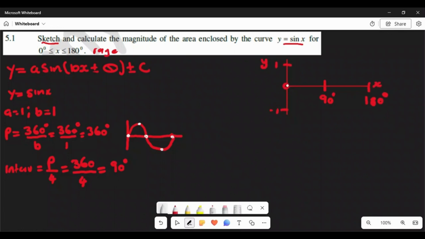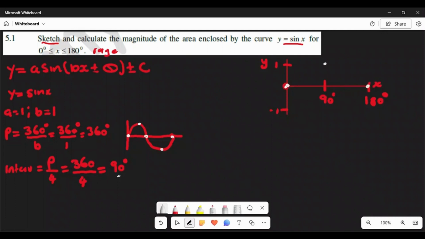We start at 0, and then we turn at the next 90. Remember, our interval is 90, so at the next 90, y is 1 and x is 90, so this is the point there. And then we cut again on the next 90, so 90 plus 90 is 180, so this is where we cut again.